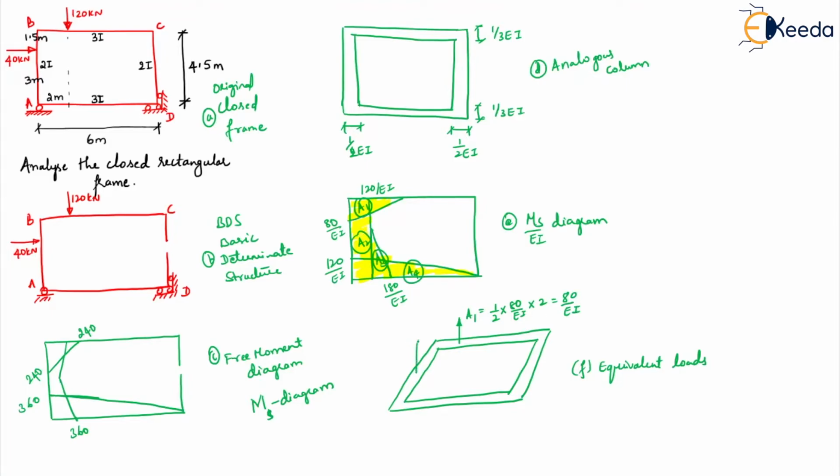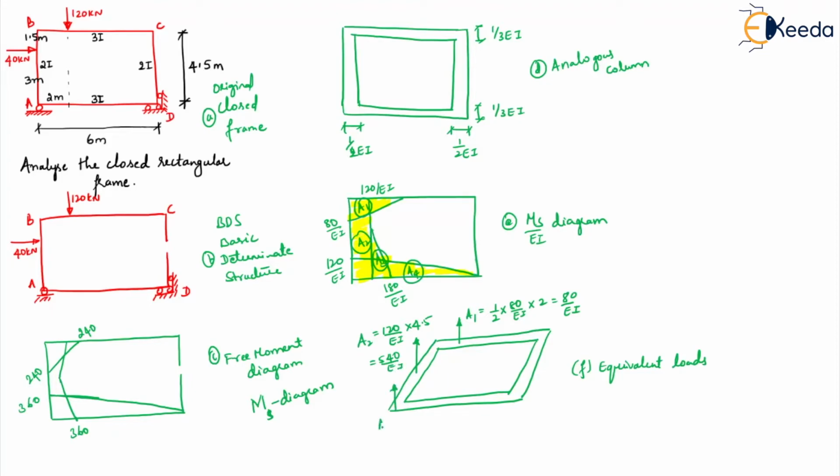Right, then coming to A2, that will be 120 by EI into 4.5. This is rectangular, this is triangular. Okay, that's why we'll get 540 by EI.